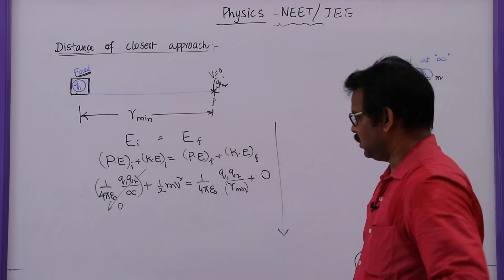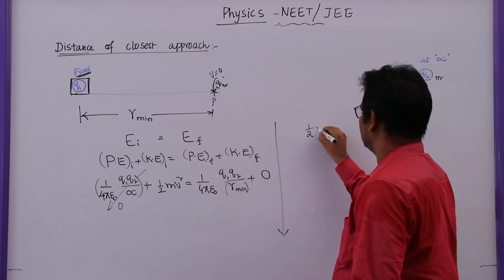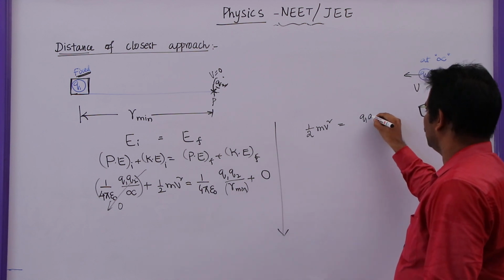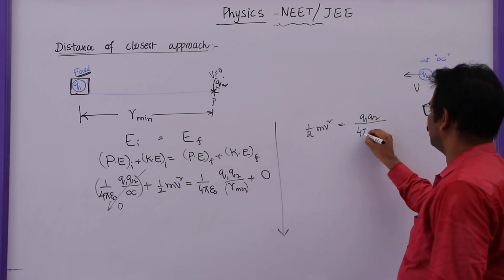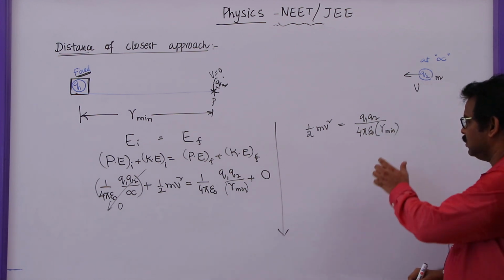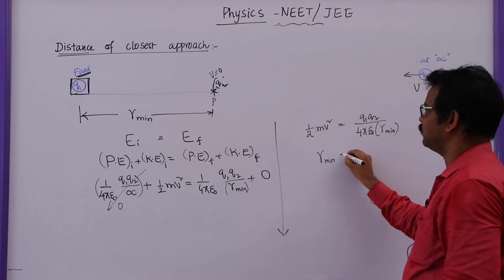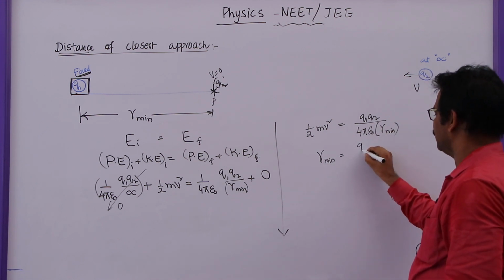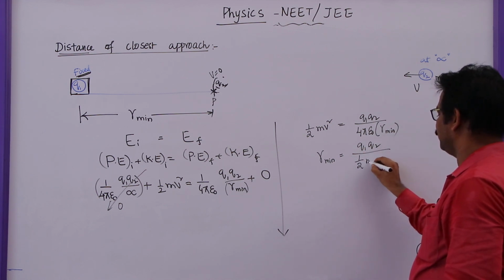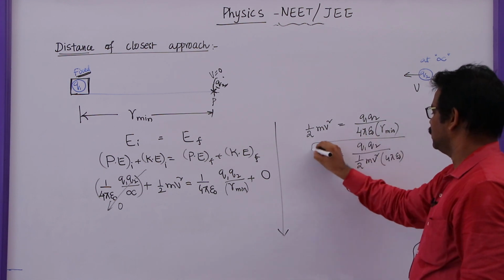So based on this, what we can write, left side terms are half mv square and right side terms are q1 q2 by 4 pi epsilon naught r min. So bring this r min here. The distance of closest approach is given by q1 q2 by half mv square into 4 pi epsilon naught.